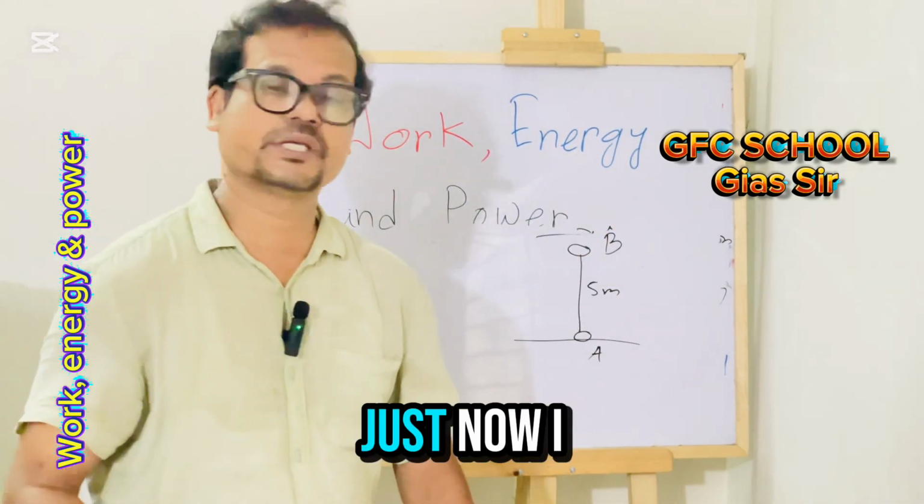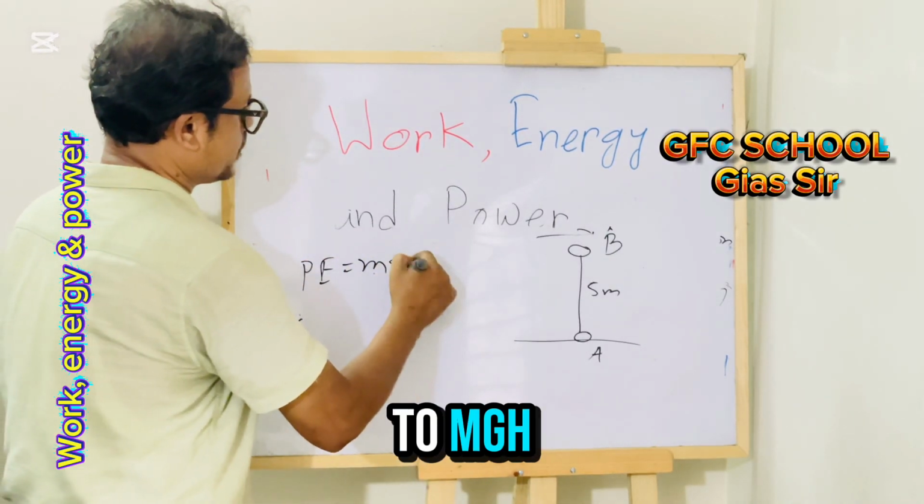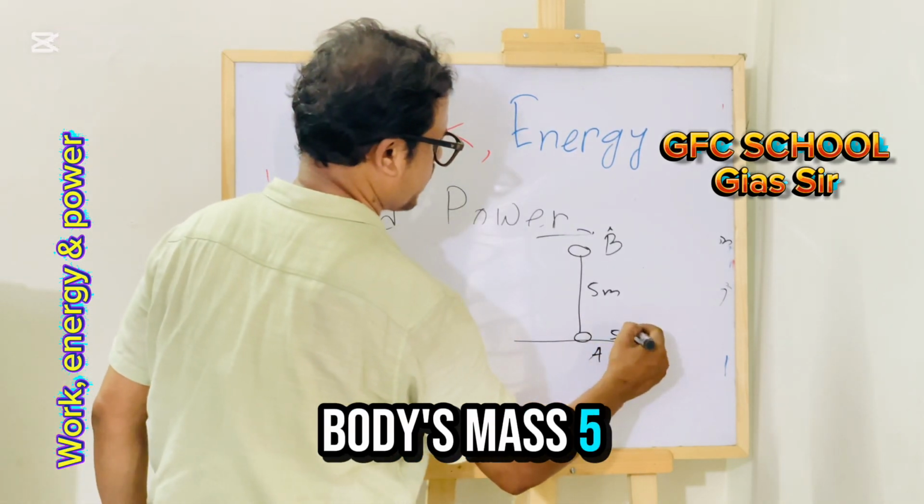What will be the potential energy? Very simple. Just now I have said potential energy equals mgh, and this body's mass is 5 kg.